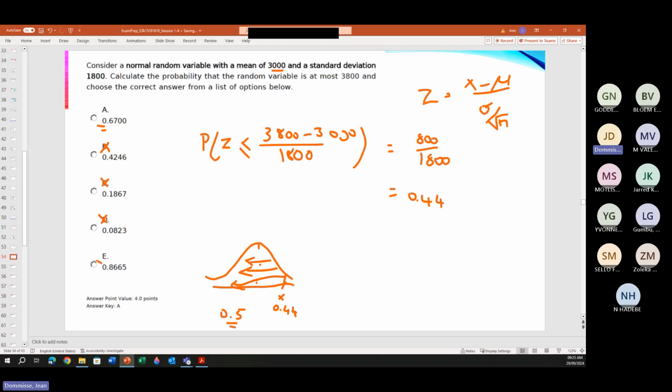Okay, so in the exam, you have basically two options to pick. So it does make it a bit simpler. If you are pressured for time, it does make it a bit simpler. So this one, we can go to the positive Z table because it speaks to what I'm looking for. Everything under that, probability of Z equal to 0.44.